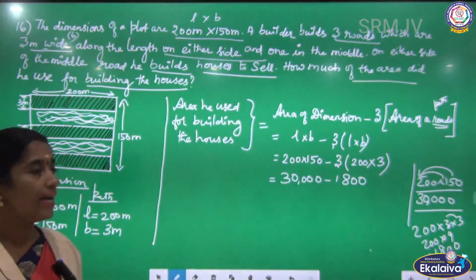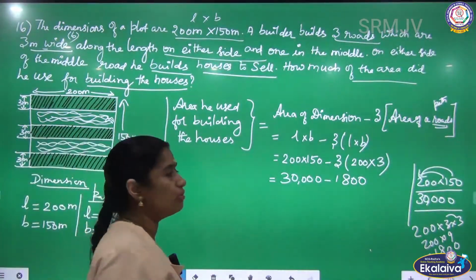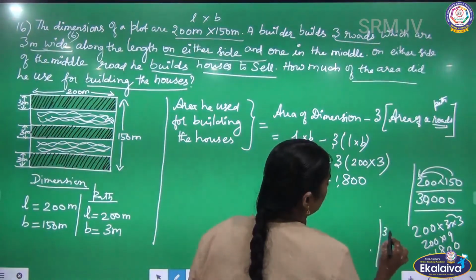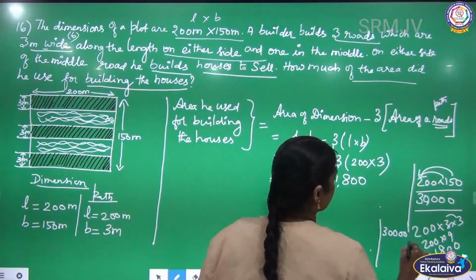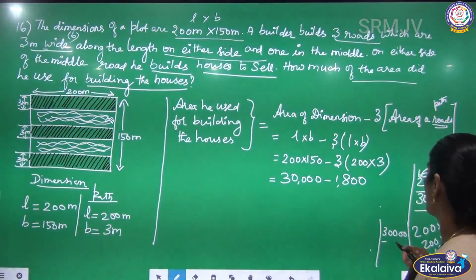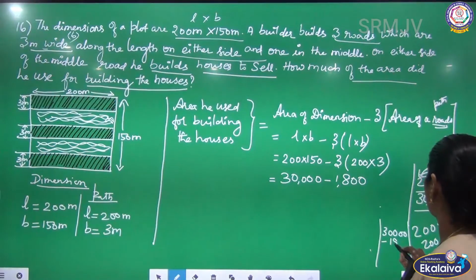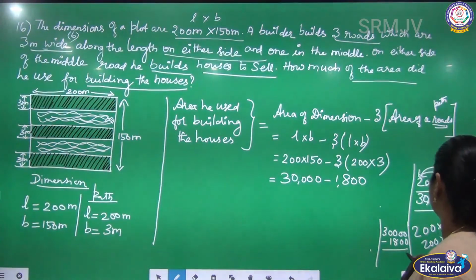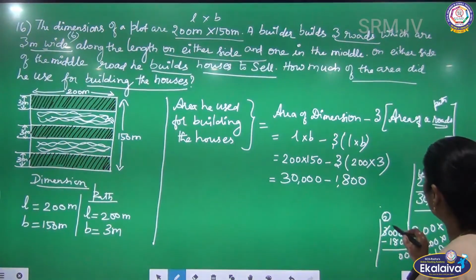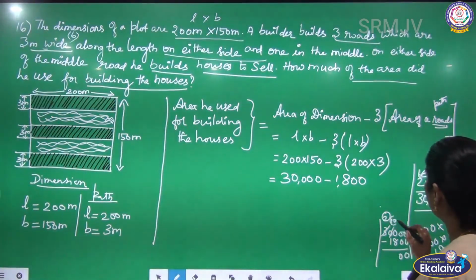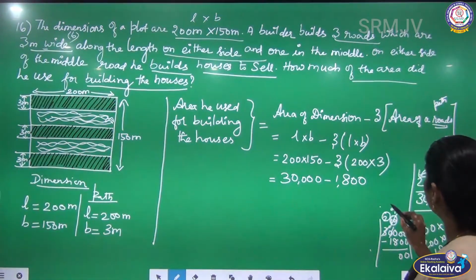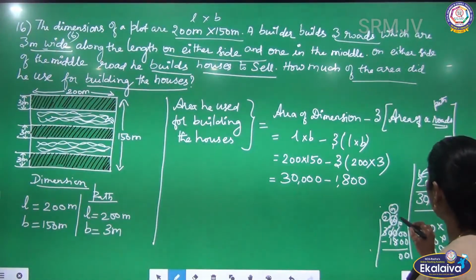Now what you have to do? You have to subtract 30,000 minus 1800. Listen, subtract this. 0, 0, borrow from where? From 3, so this becomes 2, it gives to 1, so that becomes 10, and again it gives to that 0, so that has become 9, and this becomes 10.